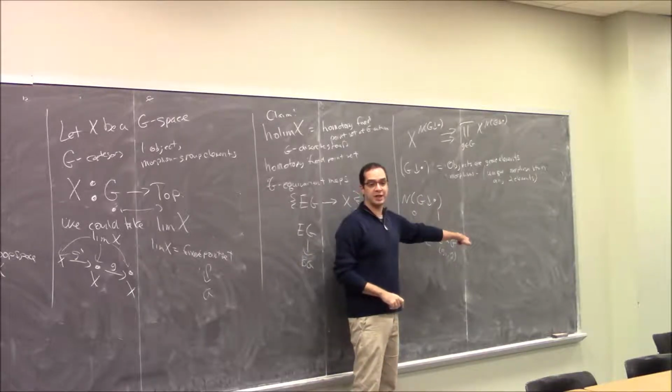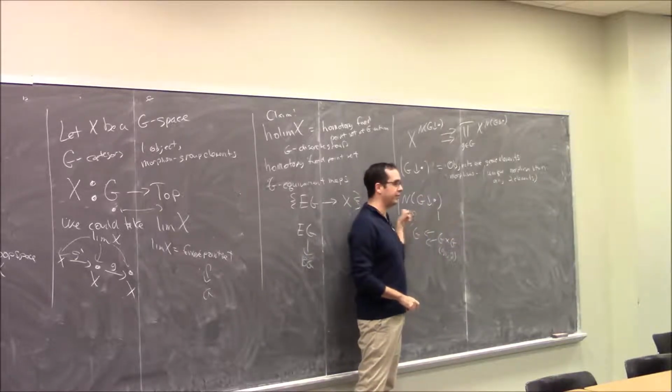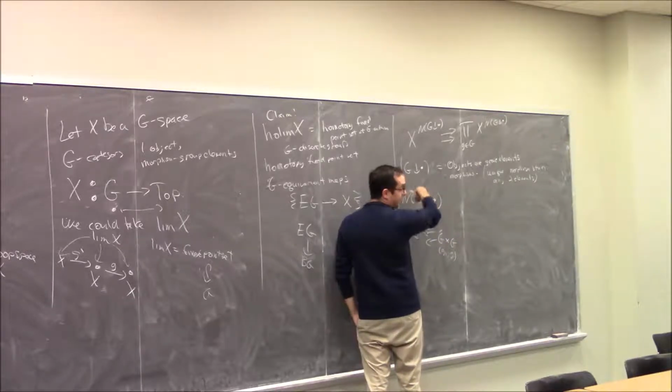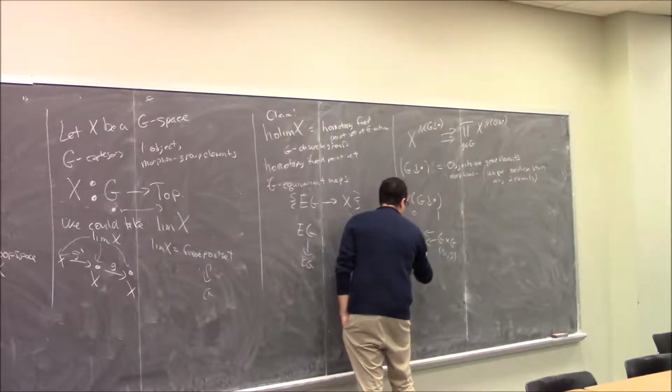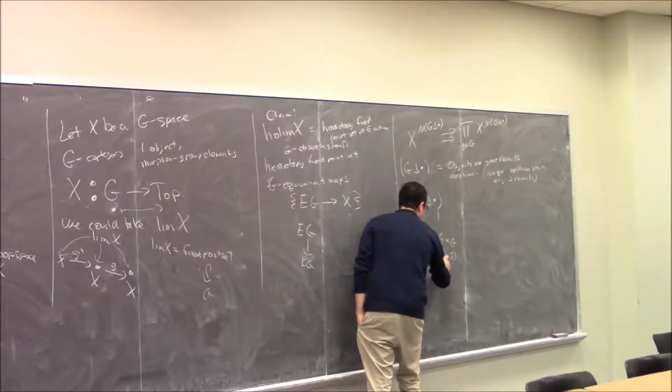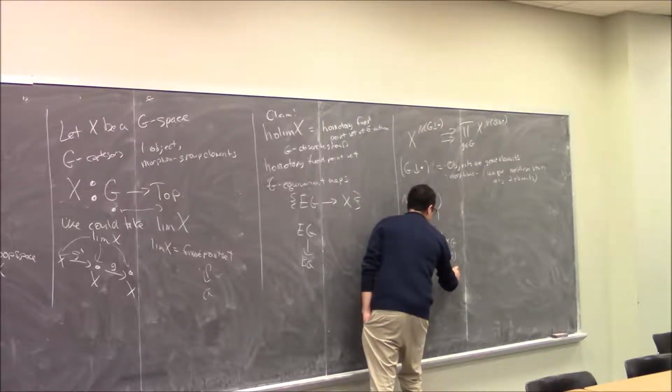So this is a simplicial set, so we should get 2 maps from degree 1 to degree 0. By the definition of the nerve, we get a projection onto one of the factors. That's one map, and the other map is the group multiplication.